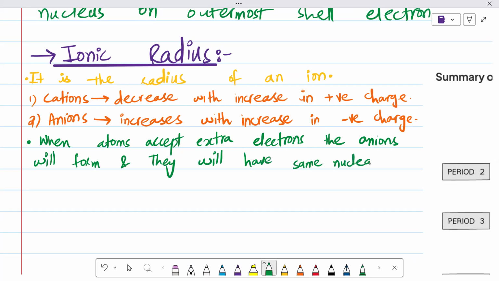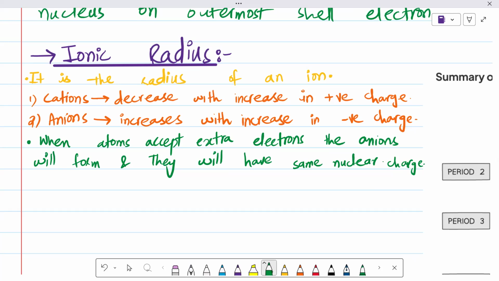Okay, nuclear charge will remain same. So what will happen? Now if you see, electrons are increasing, nuclear charge is same, so ultimately there will be less nuclear pull on the outermost electrons.